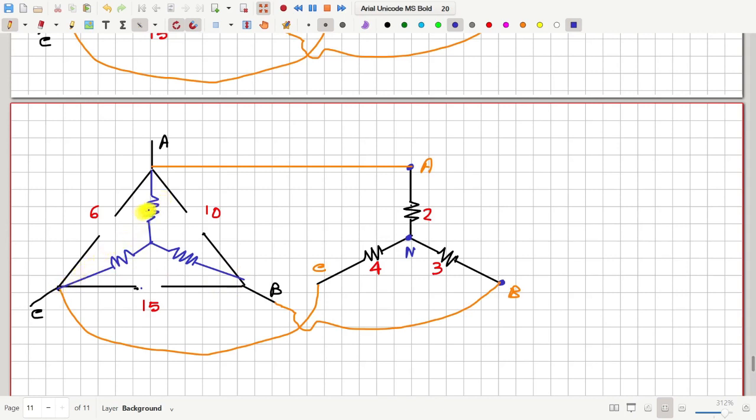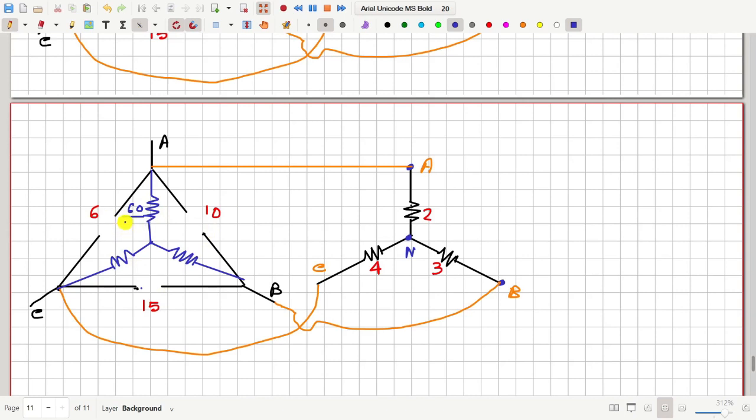Now how much will be this resistance? That will be 6 into 10 divided by 6 plus 10 plus 15. So this resistance will be 6 into 10, 60, divided by 6 plus 15 plus 10, 31.